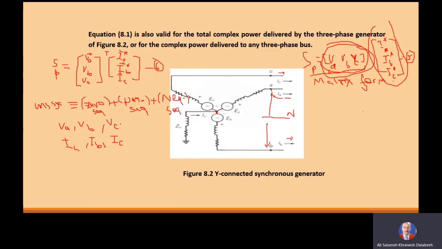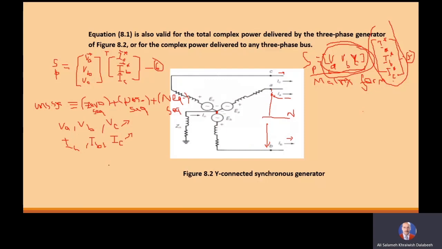But if the system is subjected to unsymmetrical force, then these values become unsymmetrical, which means they differ by the magnitude and differ by the angle.